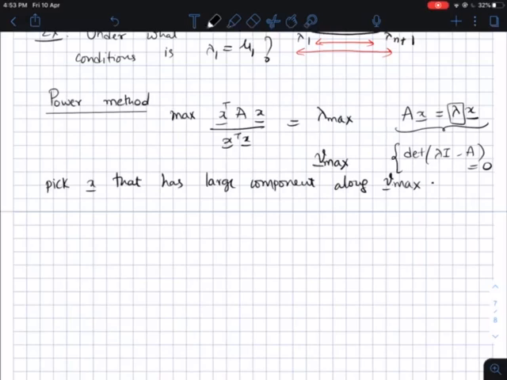So try to pick an x that has a large component along v max. How do we do that? A priori we don't know what v max is, so how do I pick an x that has a large component along v max?